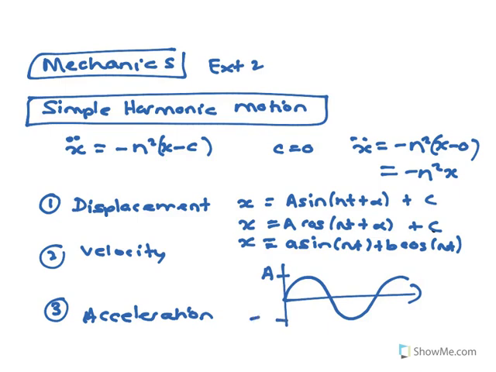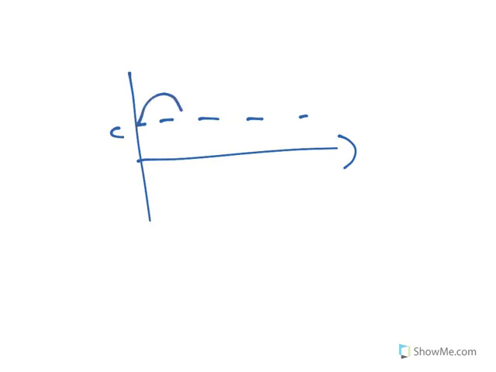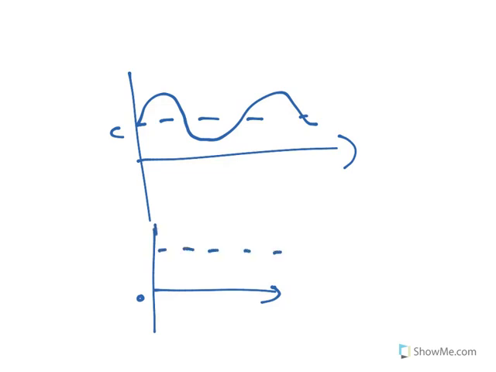So it goes from A down to minus A. And if you had your shift, it would go up C, and your oscillation would then be about C, above C, below C, above C, below C. Both the cos and the sine graph are really good models for simple harmonic motion.